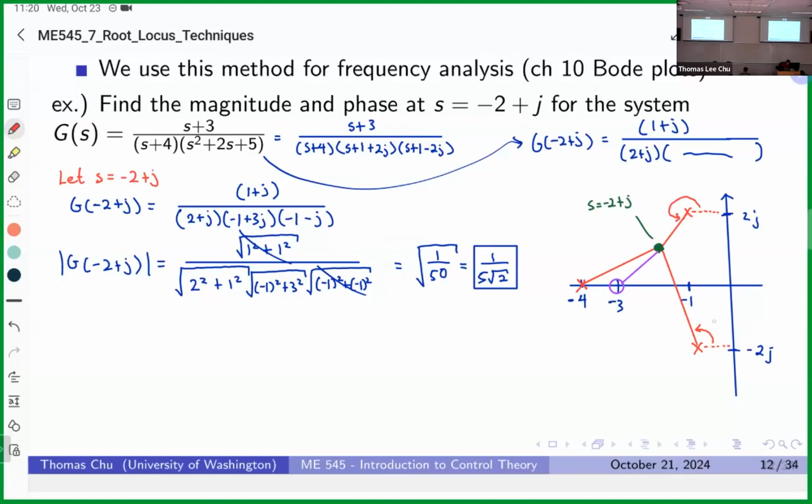I'm going to call this one theta 1, call this one theta 2, and call this one theta 3. And then I'll call this one psi 1 to differentiate the angles of the zeros. And note that it's all going to be referenced like that. It's always from the positive x-axis, always to the right of the pole or the zero.